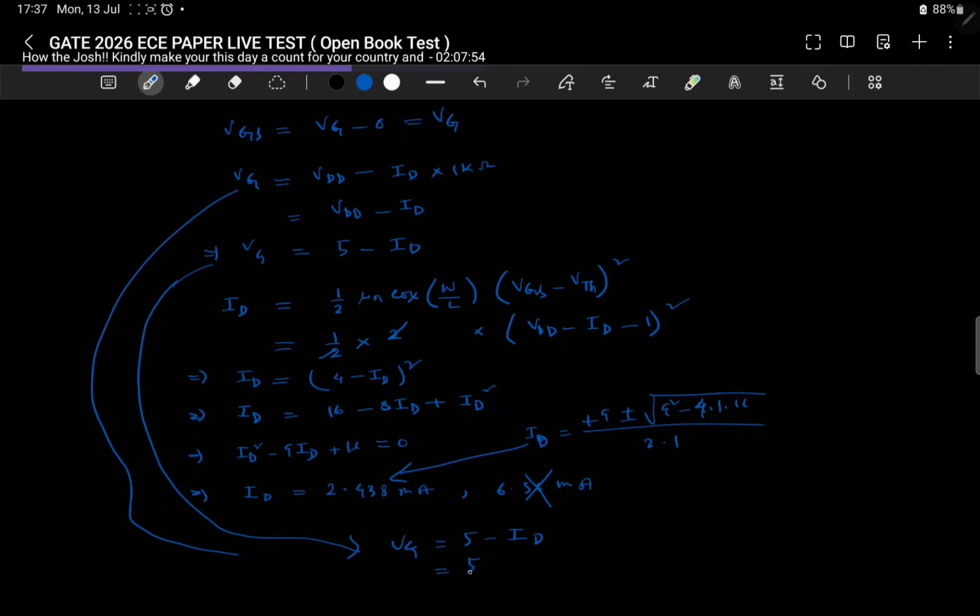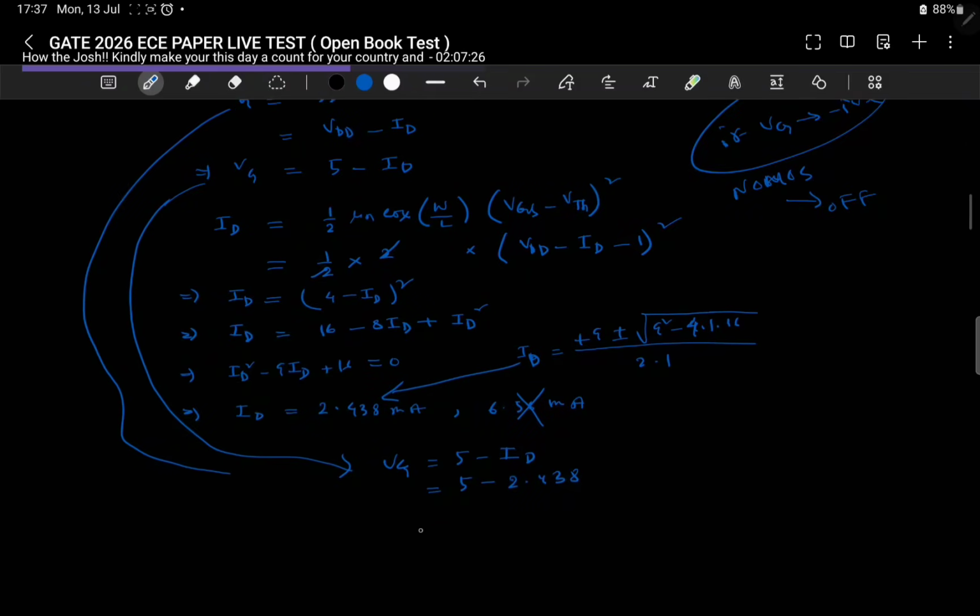So ID value should be this only, 2.43, because if it is more than 5 then VG will be negative, and if VG is negative then the NMOS is off. Okay, yeah, so it will be 2.562 volt.